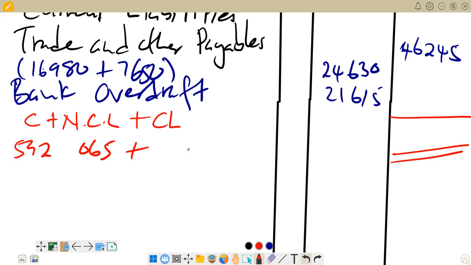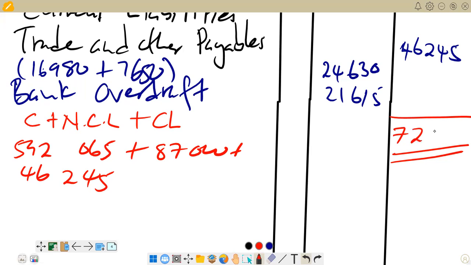Then for non-current liabilities, we have 87,000. Then for current liabilities, 46,245. Then we add them. The total that we are going to get comes here as our second balancing figure, and obviously it's going to be 725,310, which is similar to the figure for total assets.